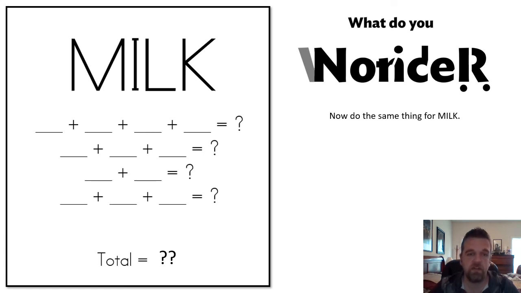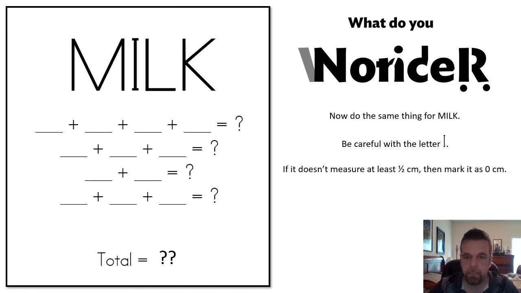So just do the same thing for milk. We already did the M, so you should be good on that one. The tricky one is the letter I. And the reason why it's tricky, if it doesn't measure at least 1/2 centimeter, you have to round down.